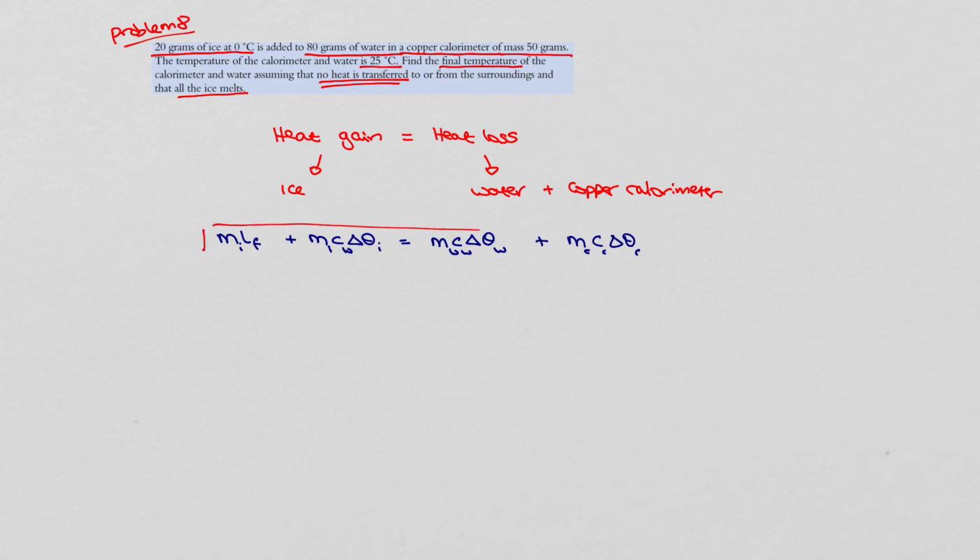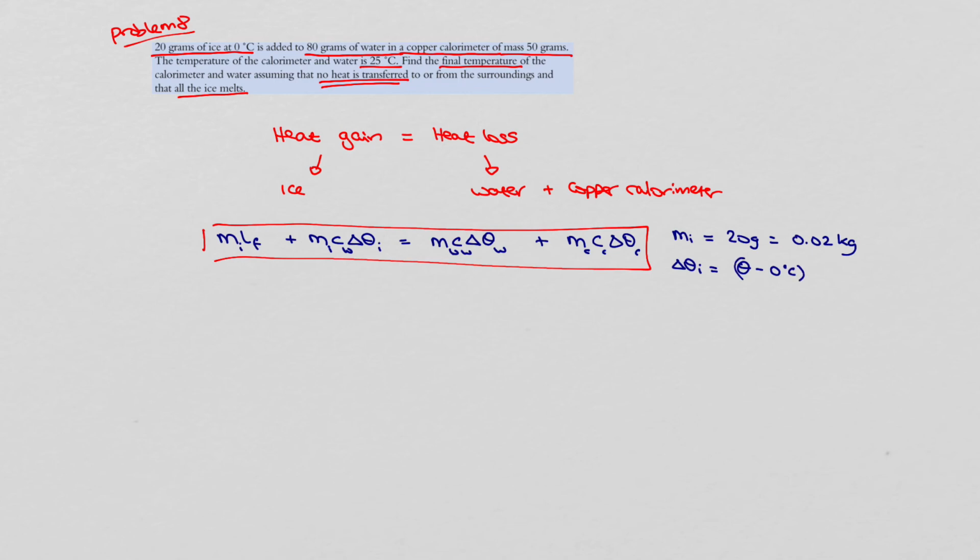So let's write down the values that we have. We know the mass of the ice is 20 grams, so we divide that by 1,000, so that's 0.02 kilograms. We have the temperature change for the ice, which is going to be the final temperature minus the initial temperature, which is 0.